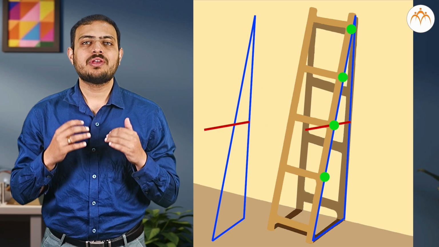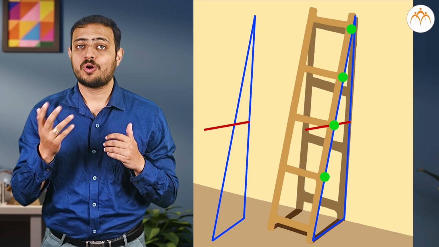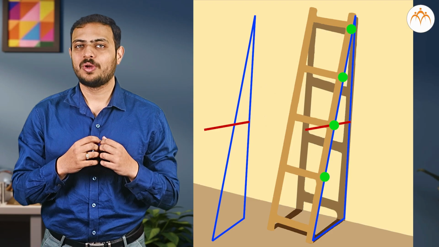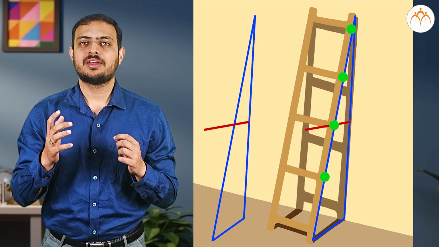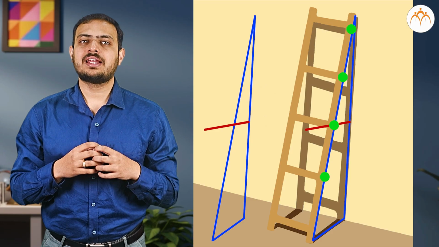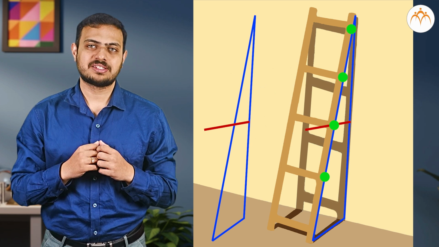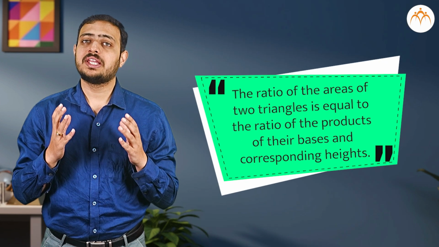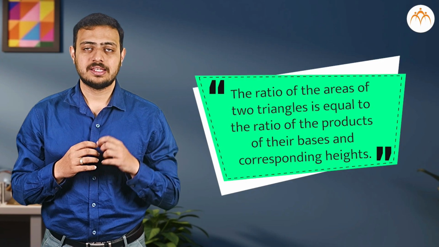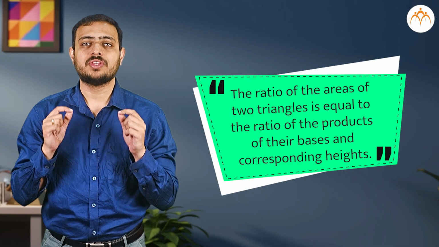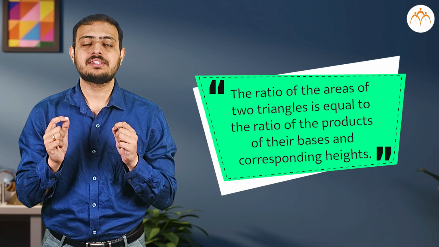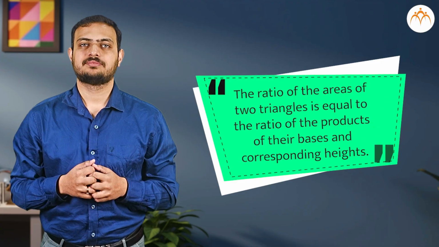Now, how do we find the exact ratio of the relationship? Well, there is a theorem regarding this. Let us study it. But before that, let us recall something from the previous lesson. The ratio of the areas of two triangles is equal to the ratio of the products of their bases and corresponding heights.